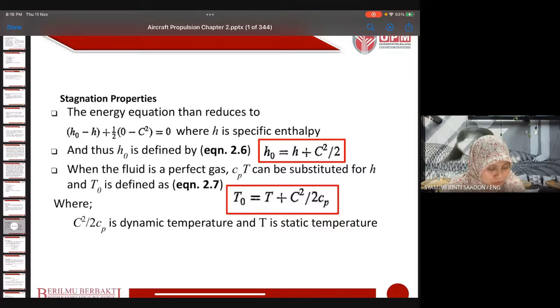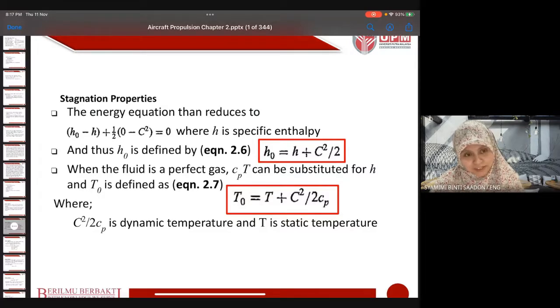So for a diffuser or nozzle, we have the kinetic energy term. For a diffuser, the function is to decelerate, to slow down the air intake before it enters the compressor. The working fluid is being decelerated.